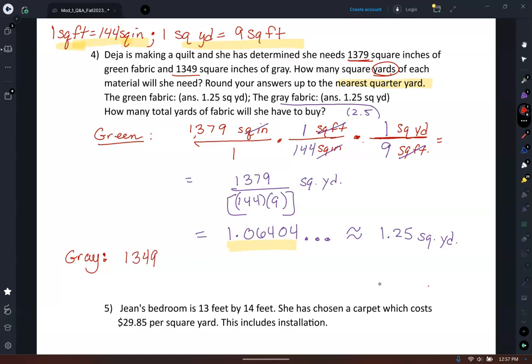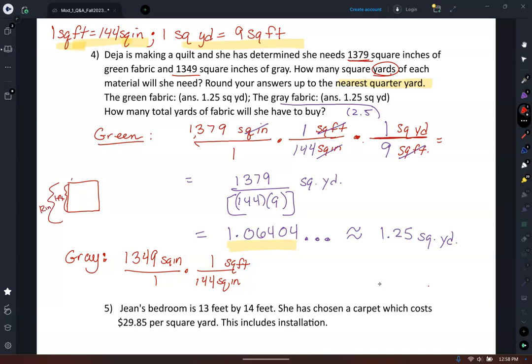1,349, and that's going to be square inches, and that's over 1. And then we want to have our square inches on the bottom and our square feet on the top. So we're going to have 1 square foot per 144 square inches, because remember, this is 1 foot, it's really 12 inches.